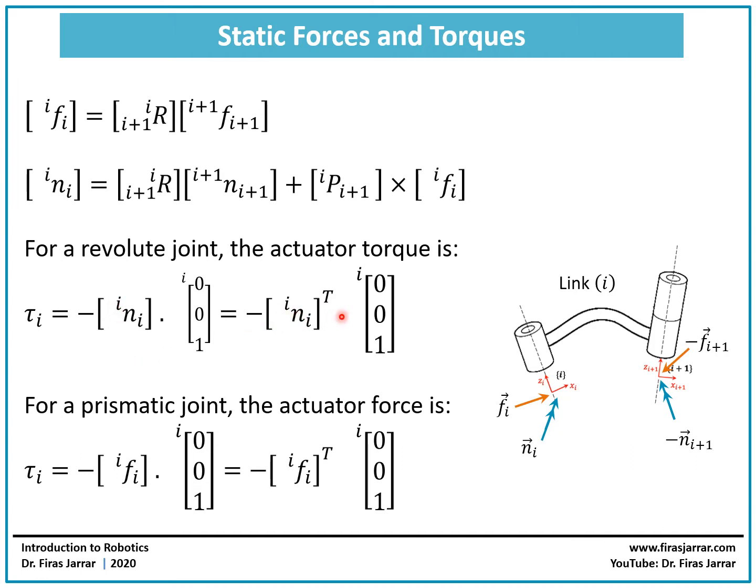This can again be represented in matrix form by the dot product, where we have the transpose of the first vector times the other vector, which has the unit vector in the z direction. This will also give me a scalar quantity, which is the value of the required joint torque. So these are the equations or formulas that we're going to use in our solution in the next slides.